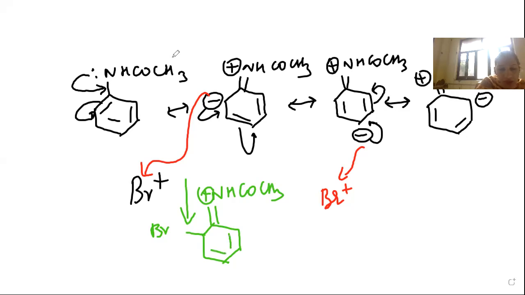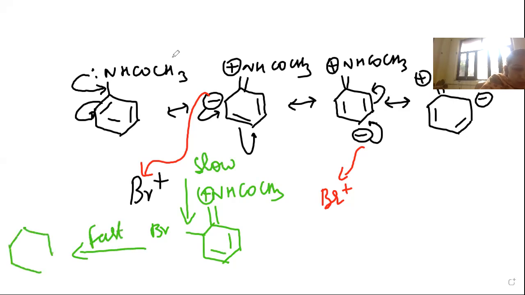So this ortho product is formed. This attack is the slow step, and in the fast step we have H. This H positive will leave.